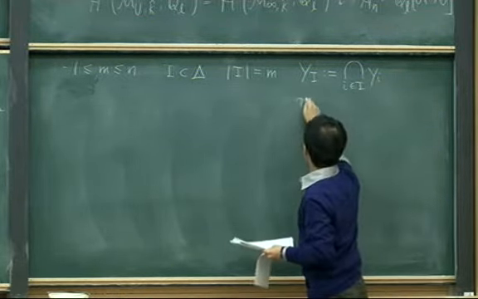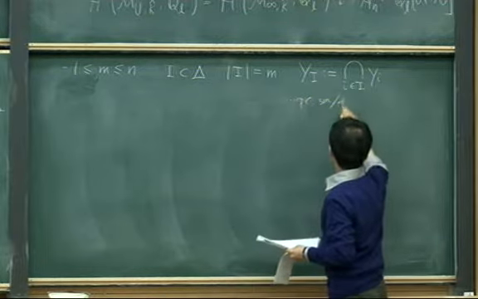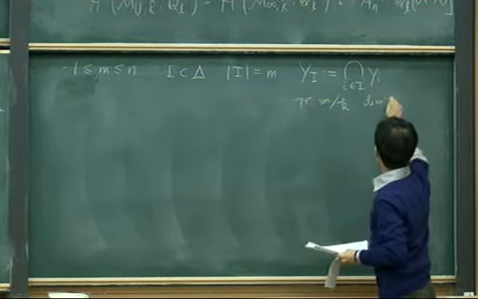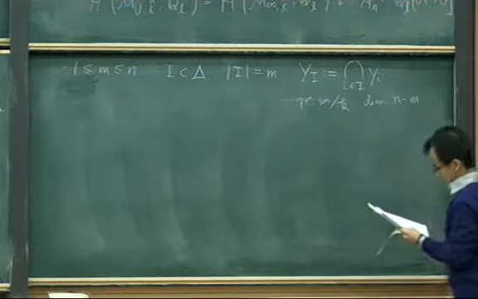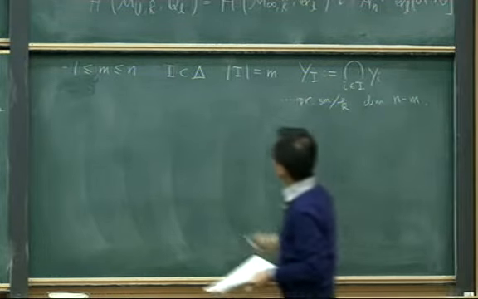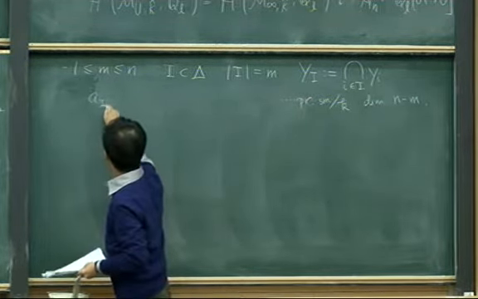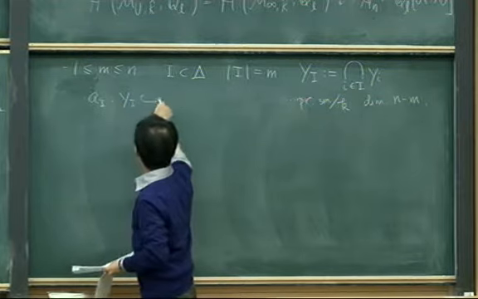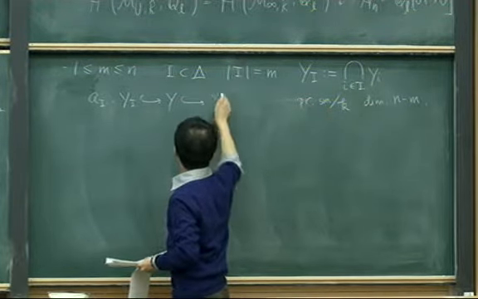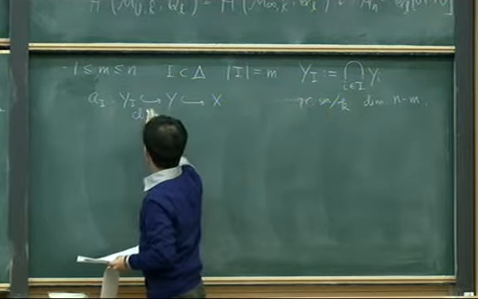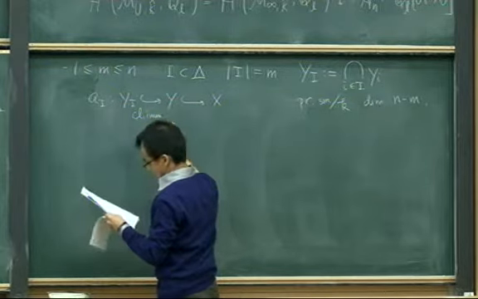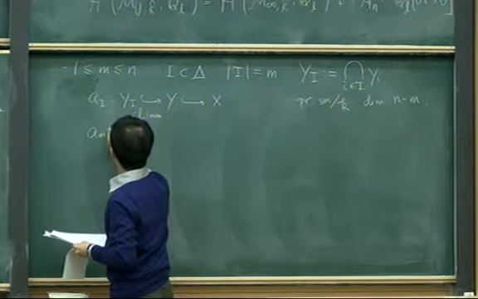This is proper smooth over k of dimension n minus m. A_I is a closed immersion.